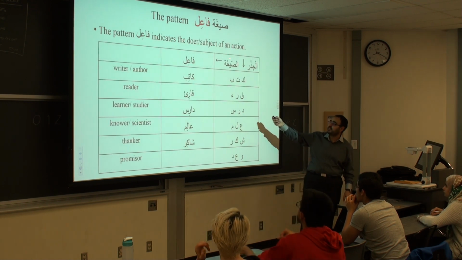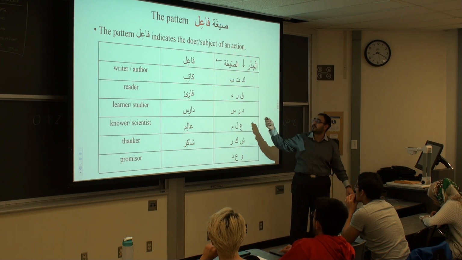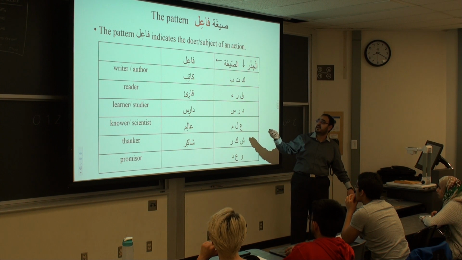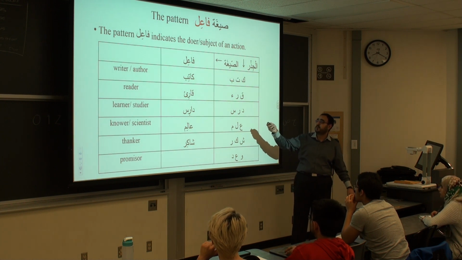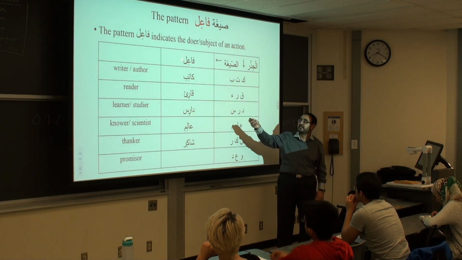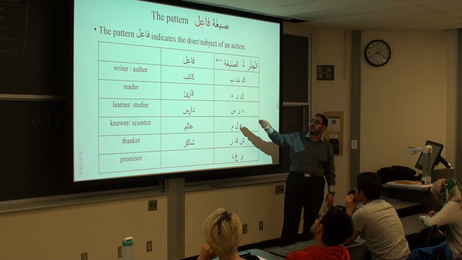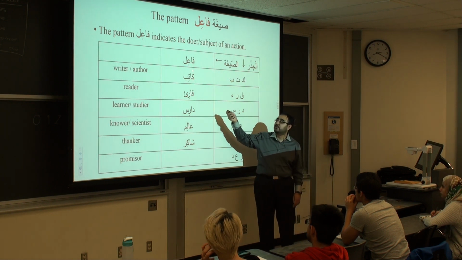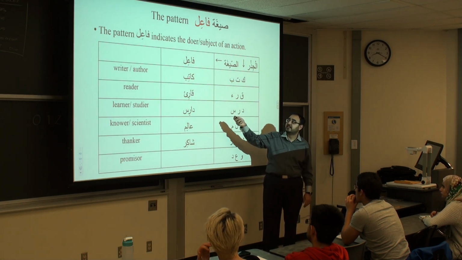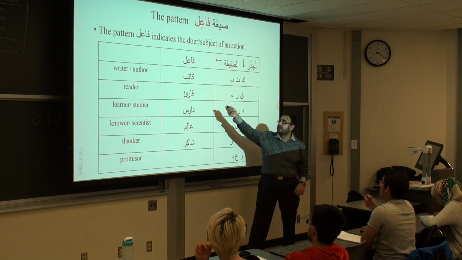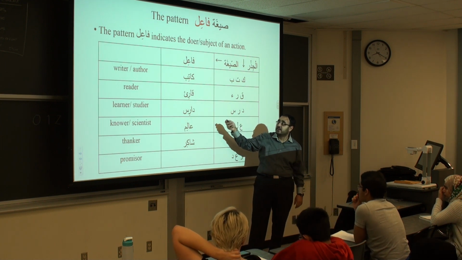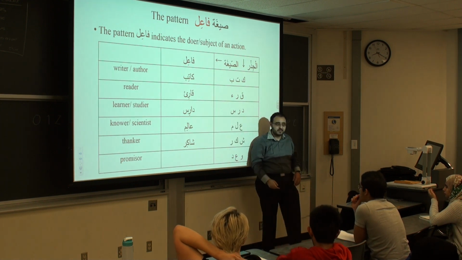In this case, you replace the fa with the kaf, the ayn with the ta, and the lam with the ba. So that's how you replace the fa, ayn, lam of the pattern with the three letters of the root. And then you add any other thing; in this case the alif and the kasra will stay as they are. So it will be katib.